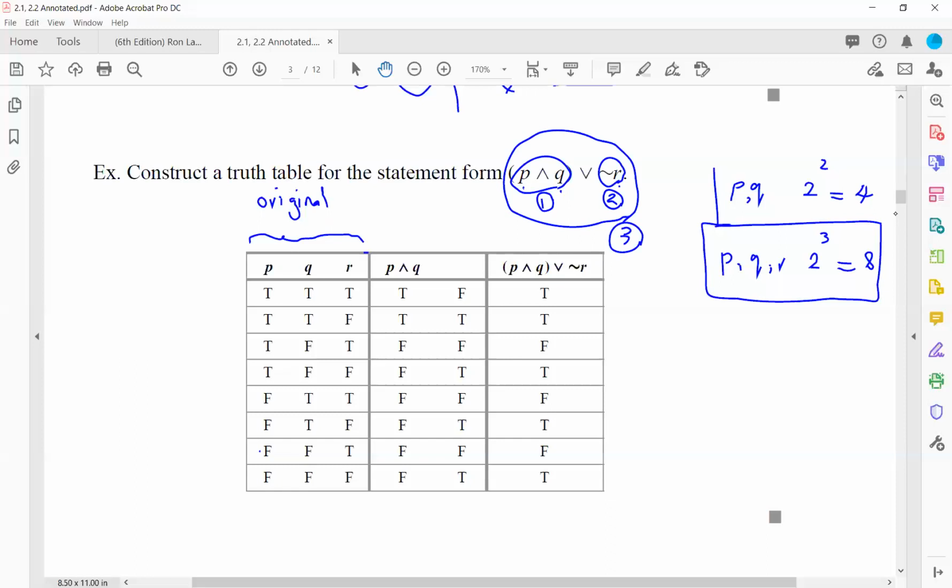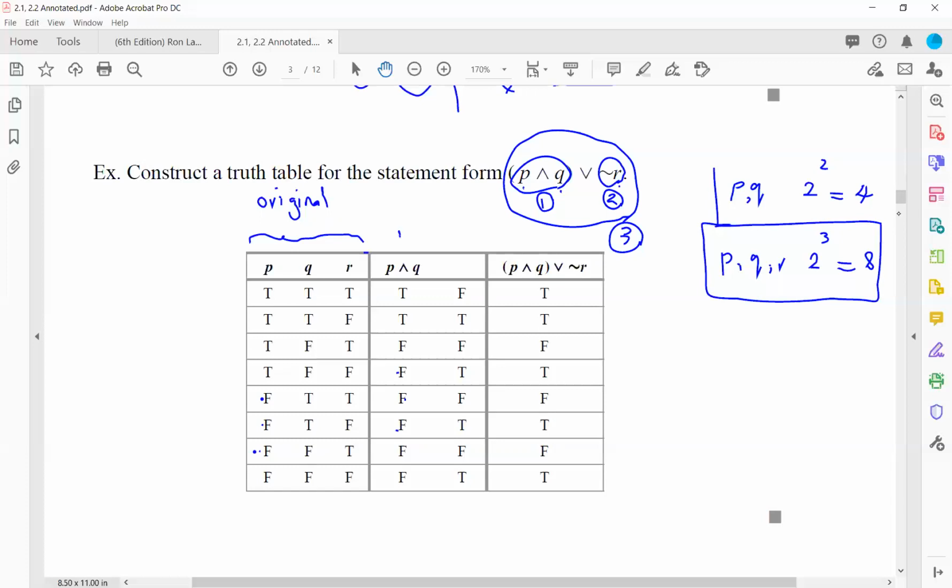For P and Q, you just work with the first two columns. True, true, true, true, true, true, true, false, false, false, true, false, false, false, true, false, false, true, false, false, false, false, false, false, false. Remember that the connector is and.